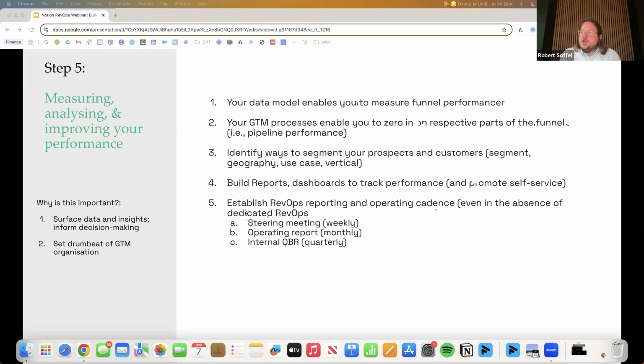That is creating, for example, a steering meeting that all the go-to-market leads are included in, where you surface this data to hold the various individuals accountable, but also to drive the discussion. Creating that regular touch point, whether it's owned by a dedicated RevOps or not, sometimes it can be finance, sometimes even a VP of sales, is mission critical as far as I'm concerned.